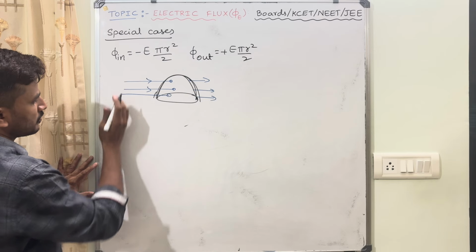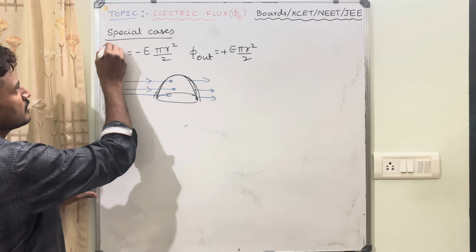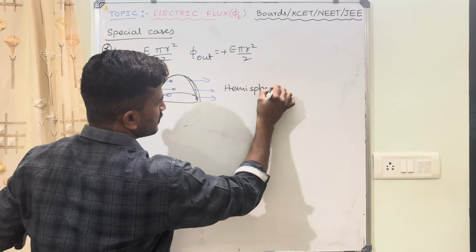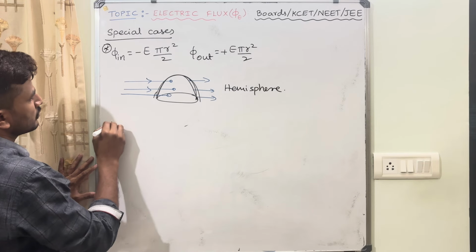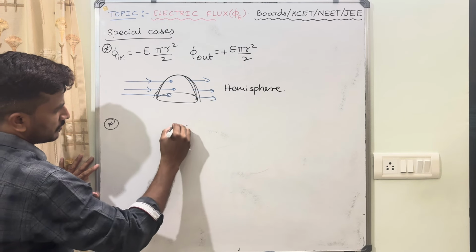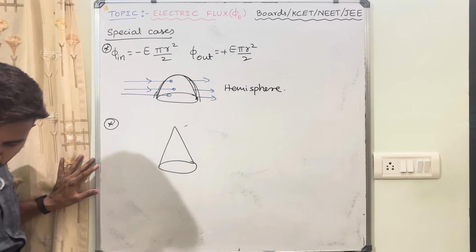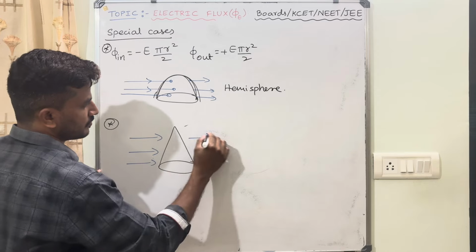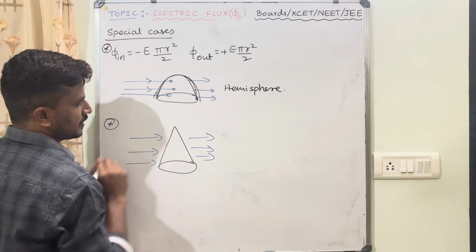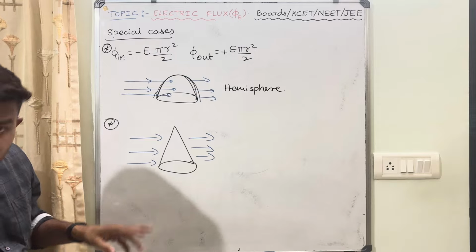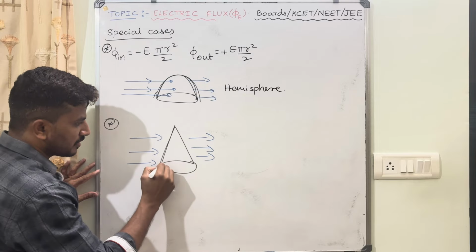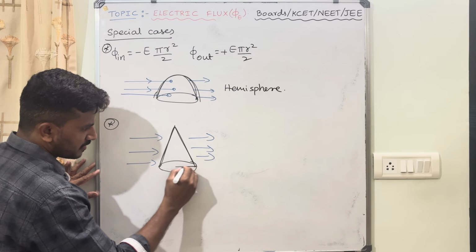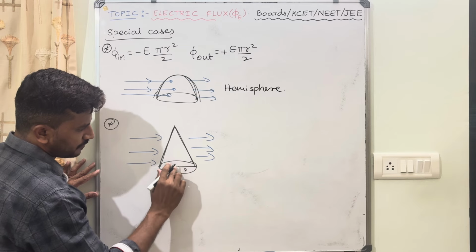Similarly, let us take a cone. So the flux enters in this direction and comes out. If you observe from sideways, how does it look? It looks like a triangle, right? What is this base? Base will be the diameter, half of it is the radius.